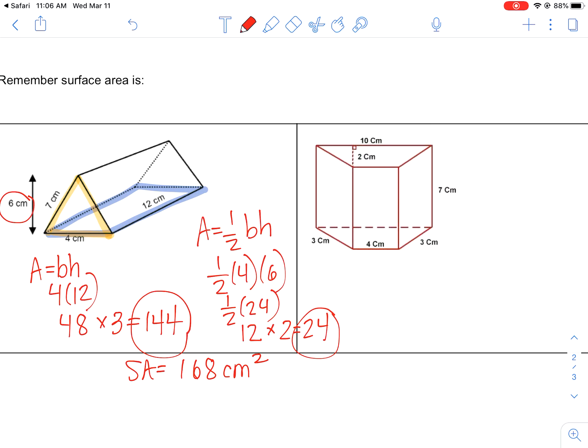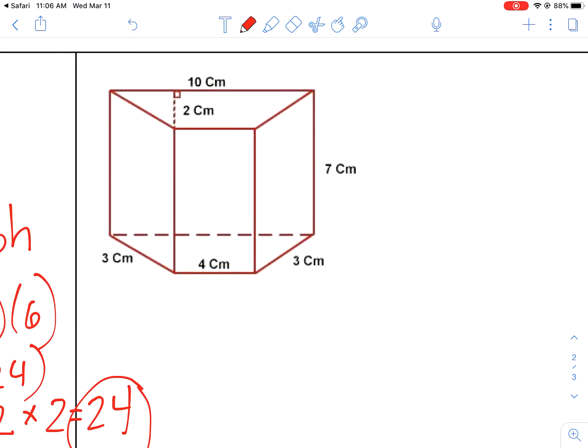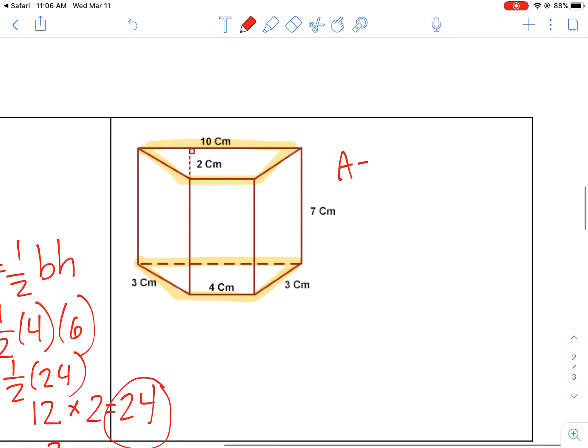So now we're going to move on to this trapezoidal prism. So we're obviously going to have to break it down into several shapes. So we're going to start with, why not, the trapezoids. So with the trapezoids, we're talking about this shape and this shape. So area equals 1/2 of the height, B1 plus B2.